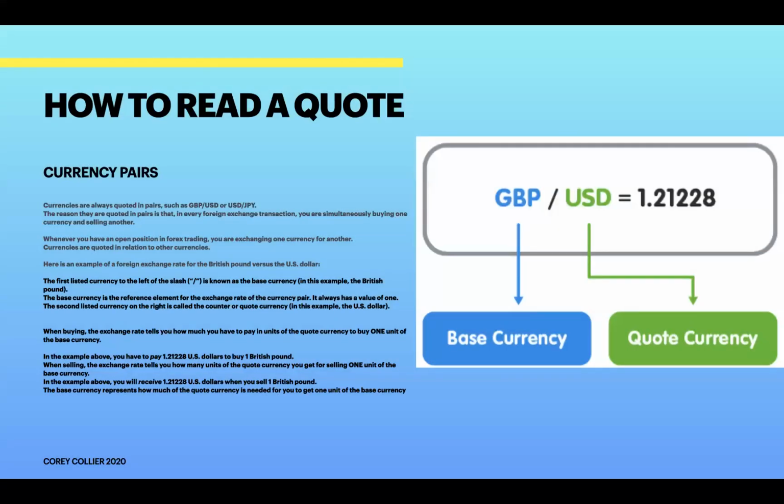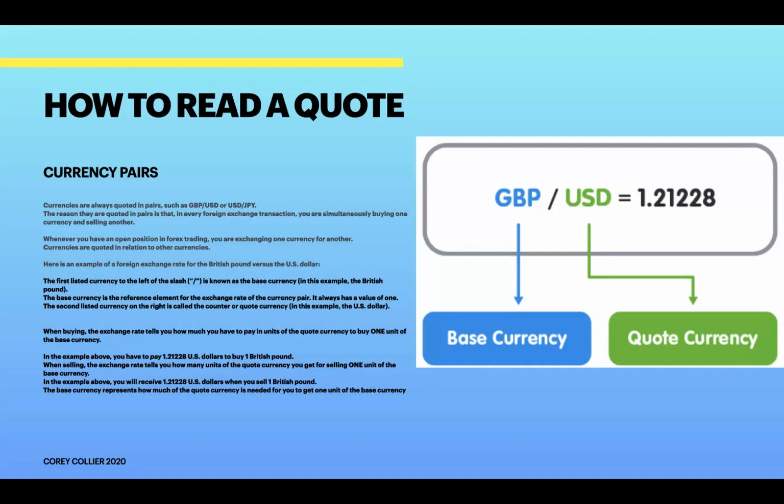All right. So how to read a quote, guys. The picture to the right is a currency pair. We're looking at the British pound versus the United States dollar. The British pound is the base currency and it's quoted against the United States dollar. That's the quote currency, okay?